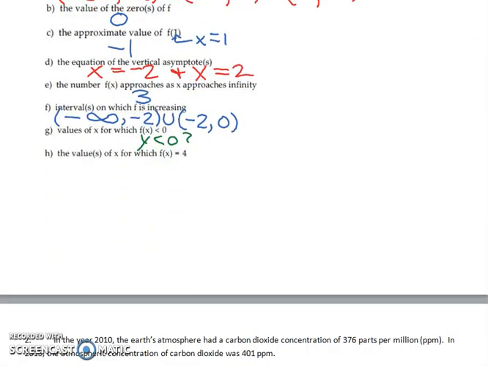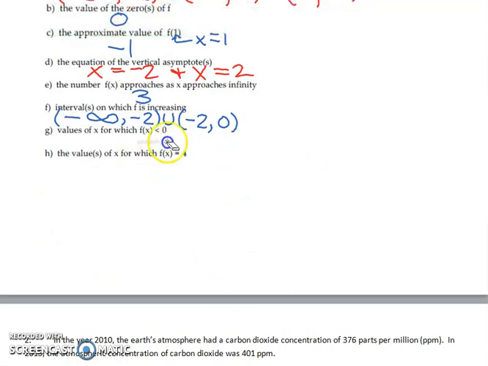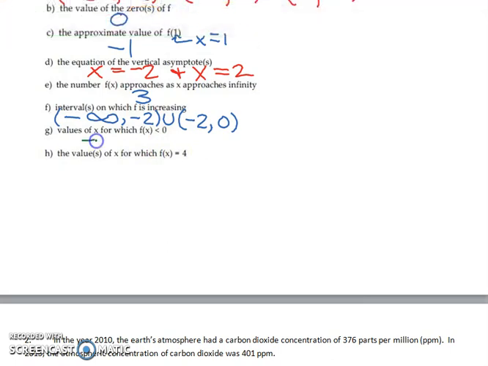So when I write my answer for this one, I'm not going to write negative 2 to 2 because that's not correct. I'm going to write negative 2 to 0 in union with 0 to 2.